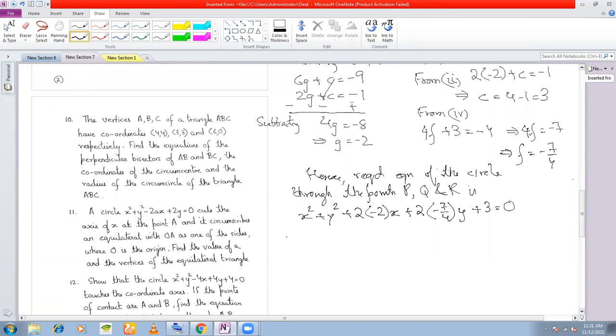So now this becomes x square plus y square minus 4x minus 7y by 2 plus 3 is equal to 0. So now you can take the LCM. You get 2x square plus 2y square minus 8x minus 7y plus 6 is equal to 0. This is the required equation of the circle.